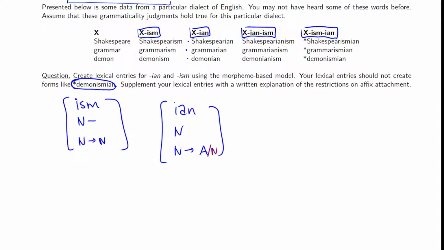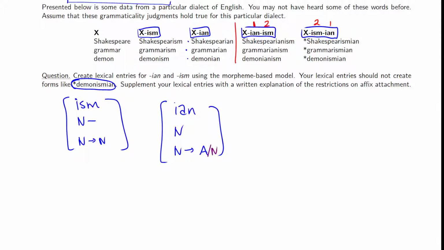So we can't get -ism attaching before -ian. First we have to look at this and figure out whether there's a pattern. If we take a look at the order, we might just want to give these numbers. So for instance, when I take a look at the more complex ones, like Shakespeareanism and Shakespeareism-ian, I'm going to give -ian the number 1 and -ism the number 2, because -ian comes first, and then -ism.